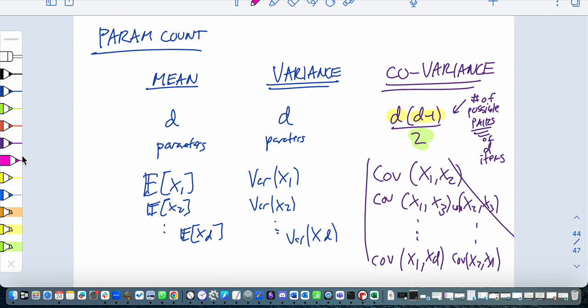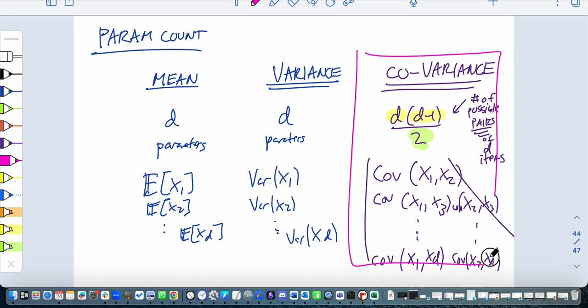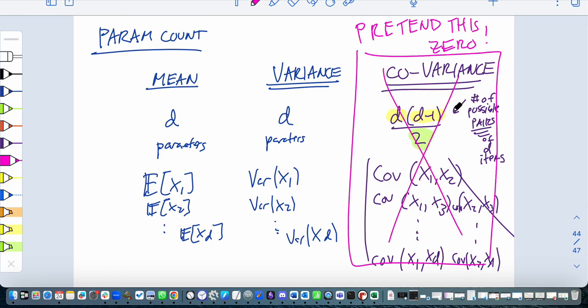So naive Bayes says, let's keep the means and the variances, and let's just pretend all of the covariances are 0. And you might think, okay, this is totally nuts. You had d squared parameters and you made almost all of them 0. Why does that make any sense?